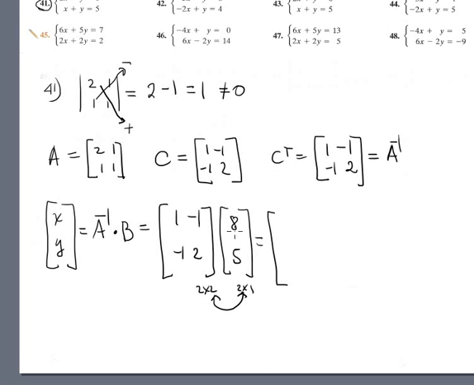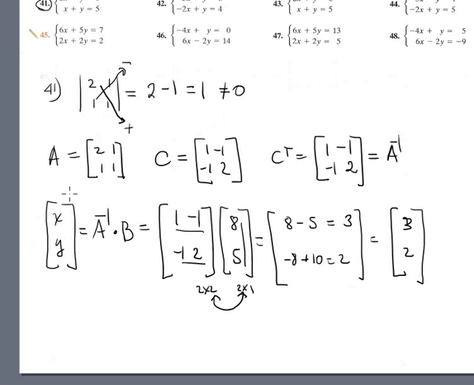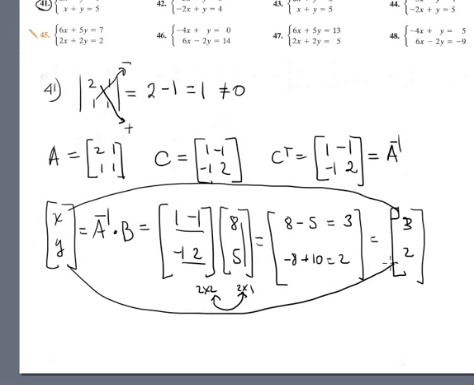So it's this times this. 8 minus 5 is obviously 3. And negative 8, this times this, plus 10 is 2. The answer is a vector 3, 2. It's obvious that x is equal to 3 and y is equal to 2, so the solution is the ordered pair 3, 2.